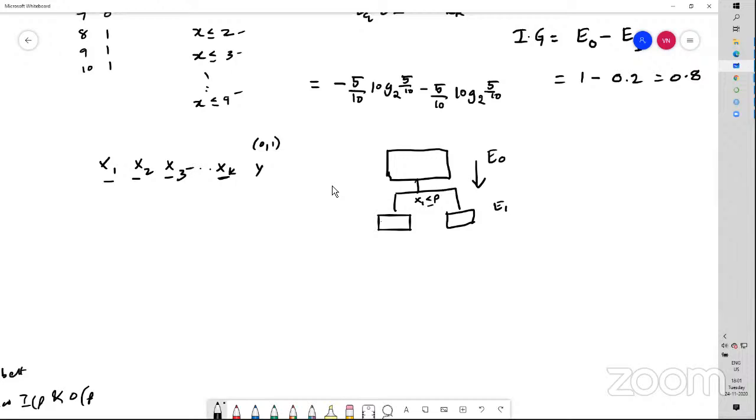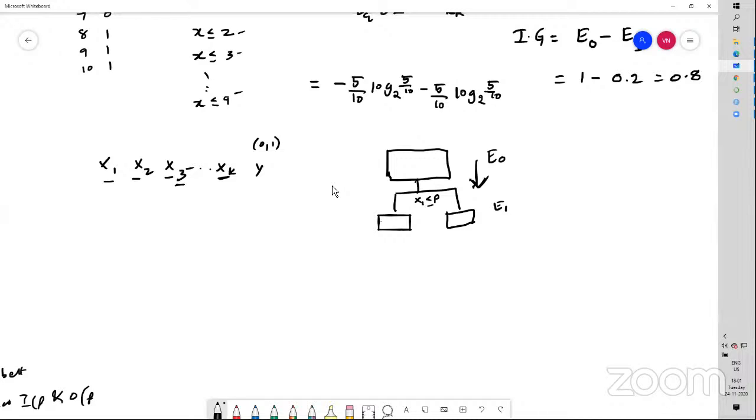I'm assuming x1 is the variable that is giving you the maximum decrease here. So that's why this variable is making the root node split. If x3 gives the maximum decrease in entropy, then x3 will make the root level split.